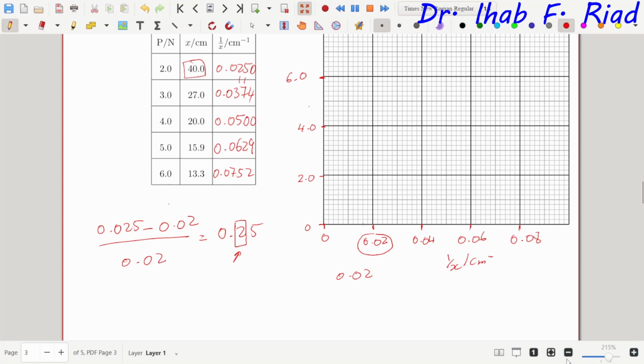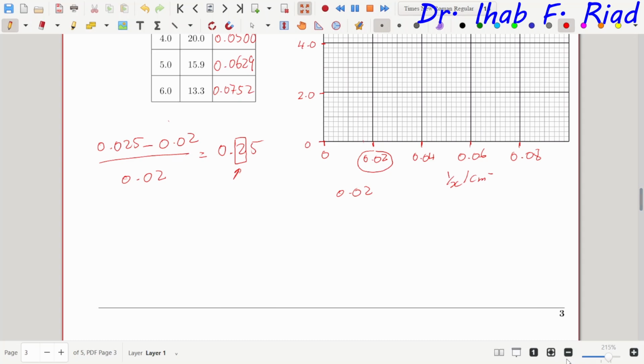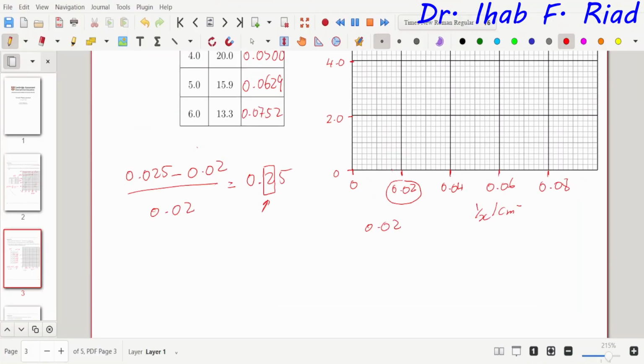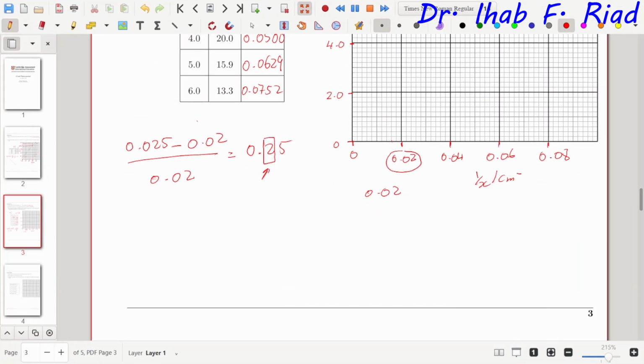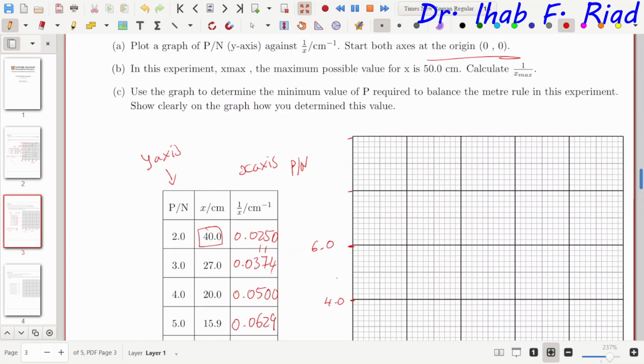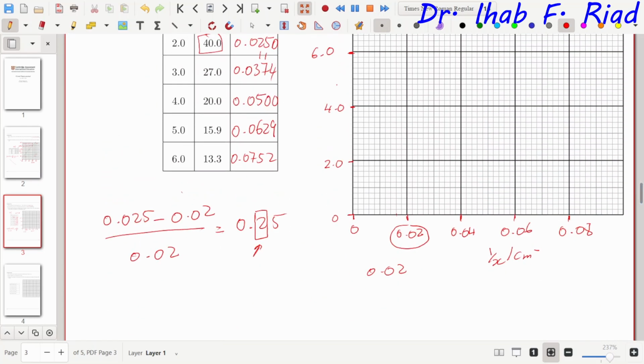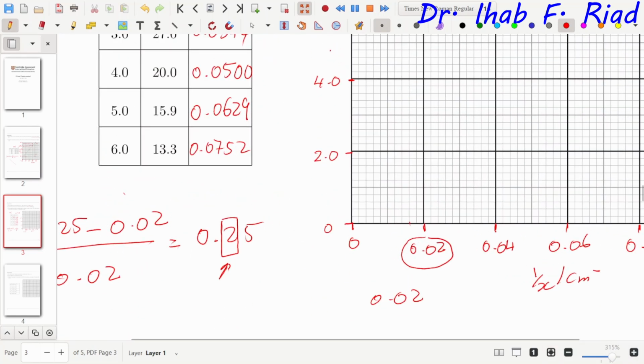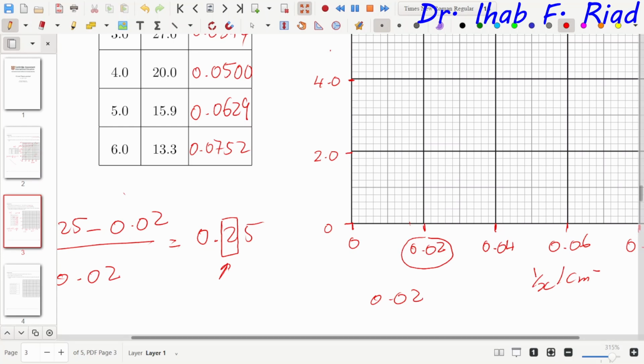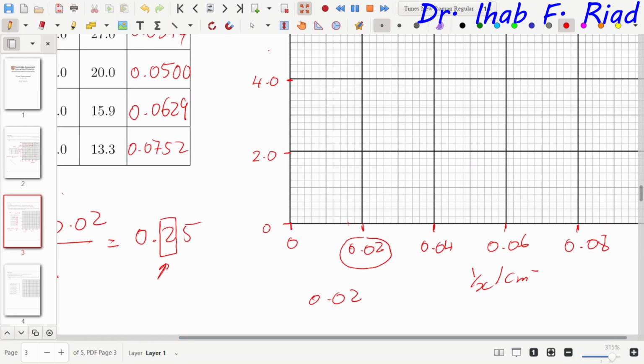Let me zoom in a little bit for you to understand what I'm saying. So we have 0.25, so we are going to count 2 squares: 1, 2.